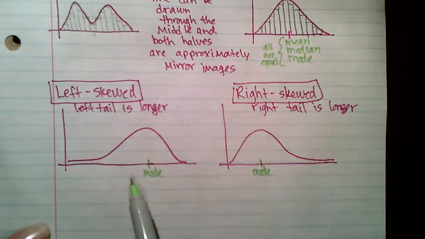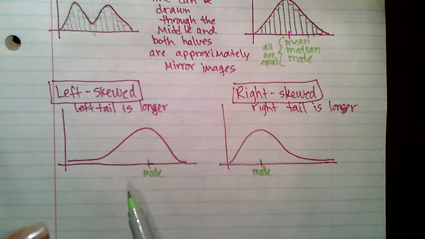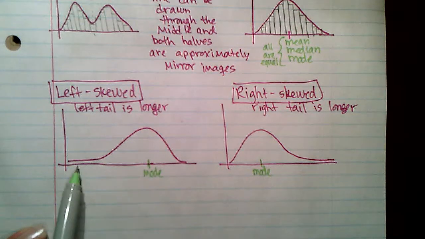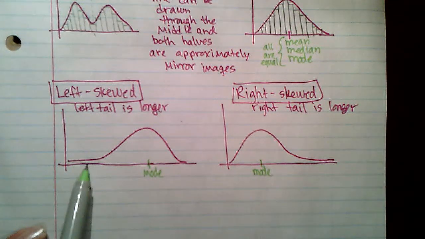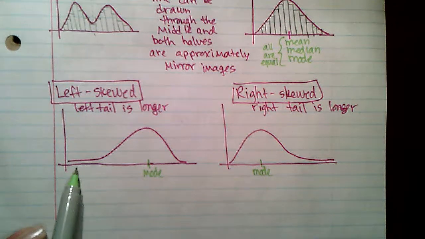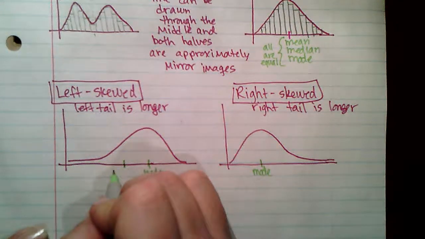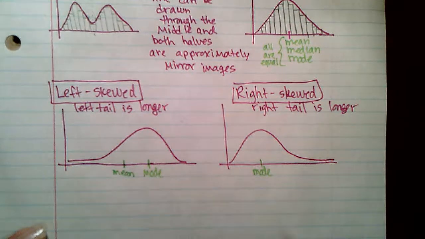So remember when we talked about outliers and we said that the mean is highly influenced by an outlier. So in this case, what we've got is most of our data is up here, but then we have some really, really low values that are going to pull our mean and make it lower. So the mean is going to be over here to the left. And then the median is the middle data value.